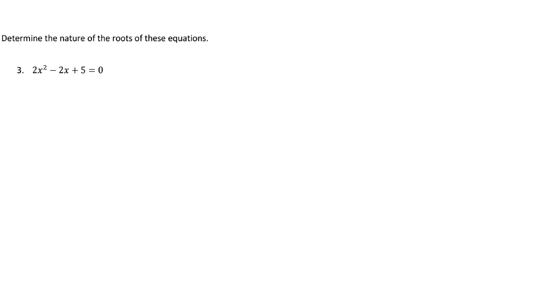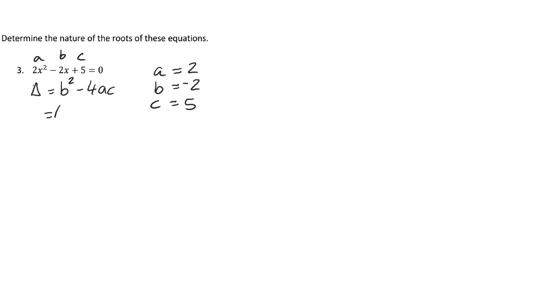And the last one, we've got 2x squared subtract 2x plus 5 equals 0. Again, I have identified that I'm going to try and determine the nature of these roots. So I know I'm going to be using my discriminant. And once I've got my values for a, b, and c, again, make sure that if there's negatives, you're including them.